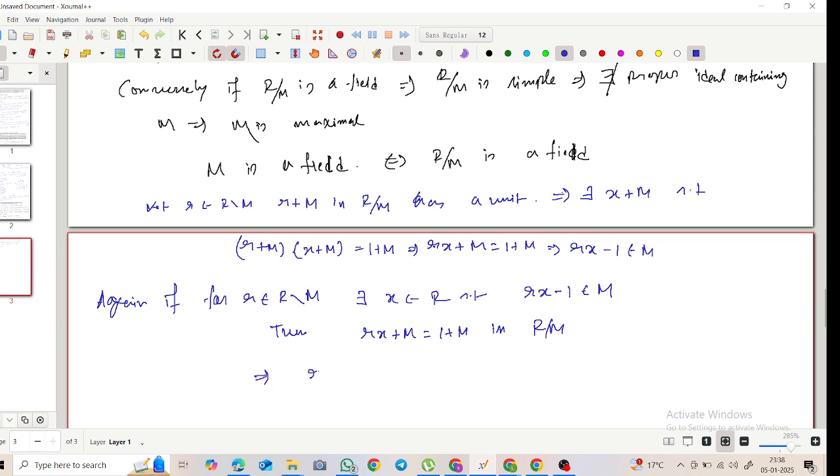Which means r plus M is a unit, which implies R mod M is a field. Okay.